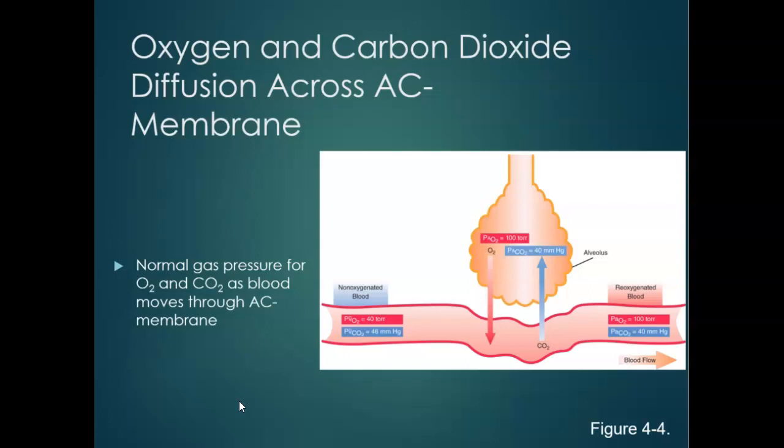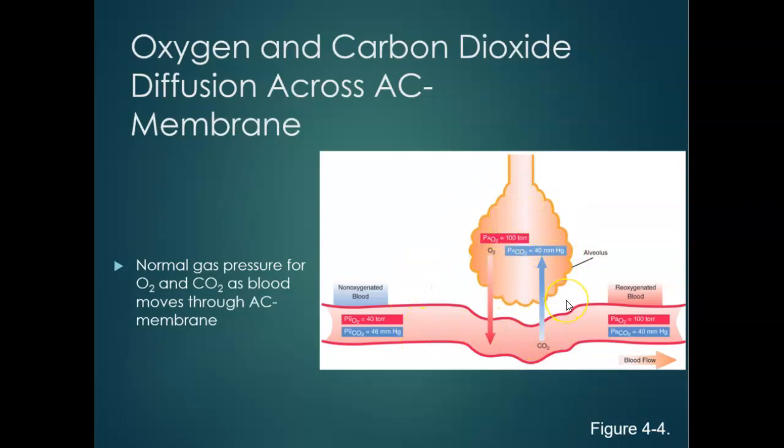So this is just kind of plugging those numbers in, where you have your PAO2 being that 100 as listed before, and in your blood here, it's about 40. So oxygen is going to want to diffuse from the alveoli into the blood. And CO2 is going to be higher in the blood and lower in the alveoli, so CO2 is going to want to diffuse the opposite way.